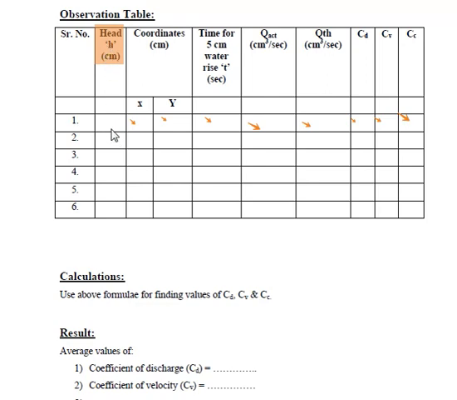Now vary these readings for various heads. You reduce the head, these values will change. Again you vary the head, these values will change. Again you change the head, you get these readings.